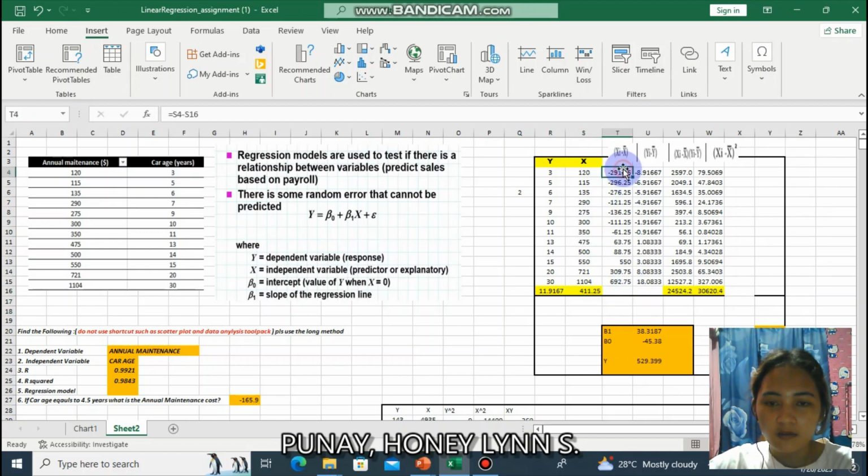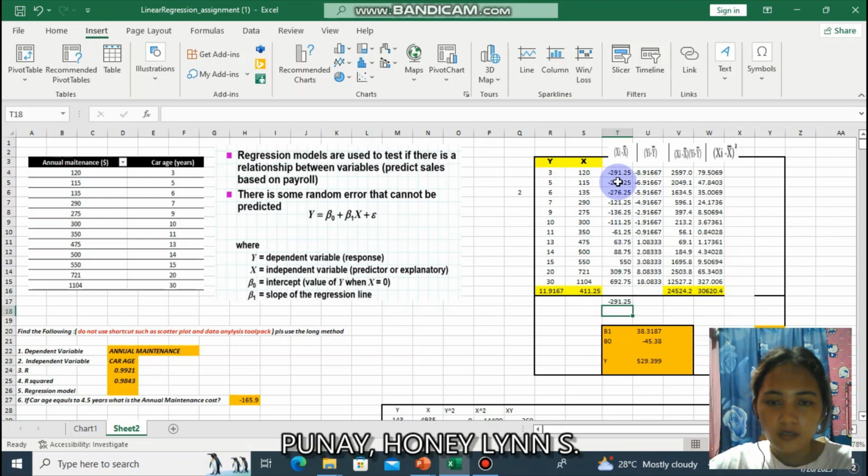Then on this side, I use the formula equals 120 minus the average value of x, then click enter. So you will get the value negative 291.25.